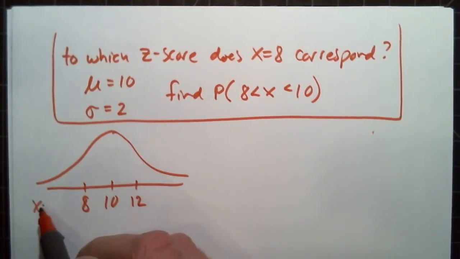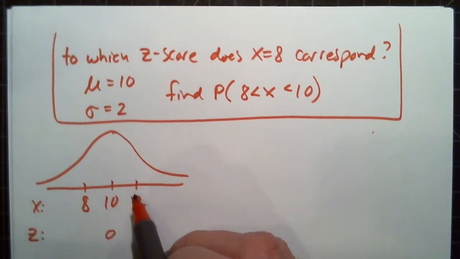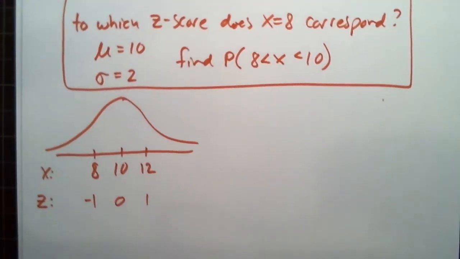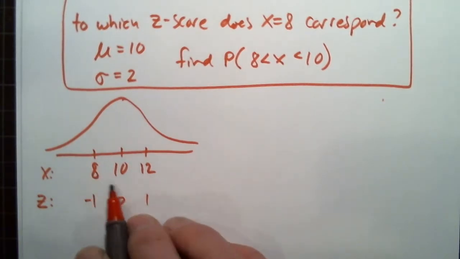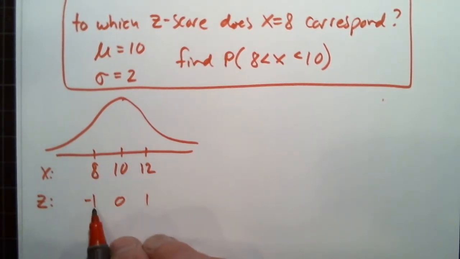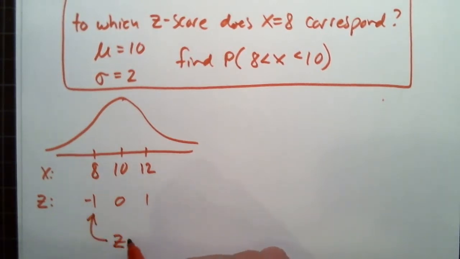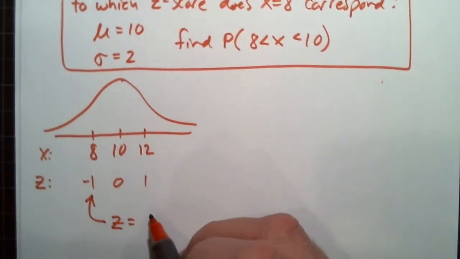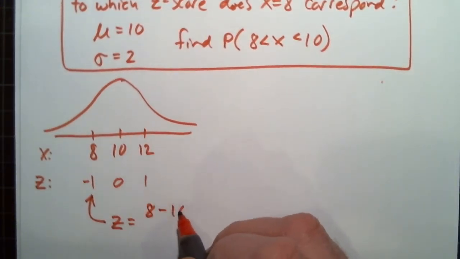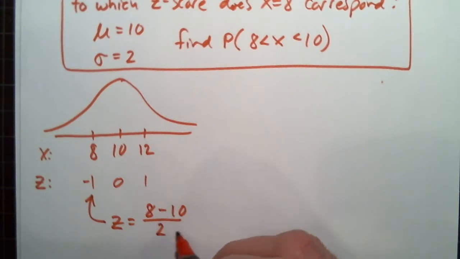If these are x values, then the z values, since we're moving 1 standard deviation, we know that 8 corresponds to z equals -1, but we can also use the formula, and that's going to be x minus the mean over sigma. We get -2 over 2.